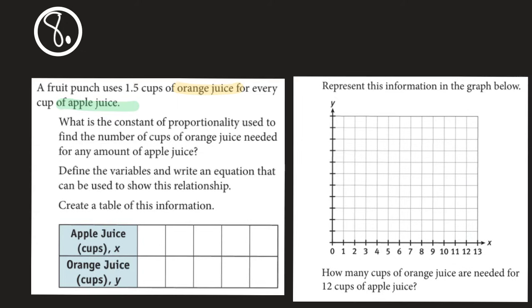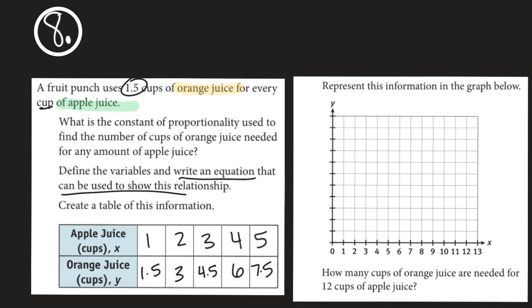So it says a cup of apple juice, which means 1 cup. And then for every 1 cup, it's 1.5. So I have 2 cups is 3, 3, 4, 5. And then you just add 1.5 every time. 4.5, 6, and 7.5.